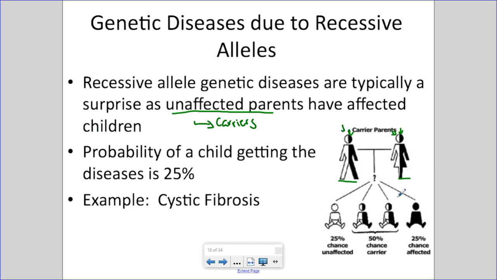The probability of a child having both copies of the affected allele is 25%. A child being completely unaffected is 25%, and there is a 50% chance that any children they have will be carriers just like them. The classic example here is cystic fibrosis.